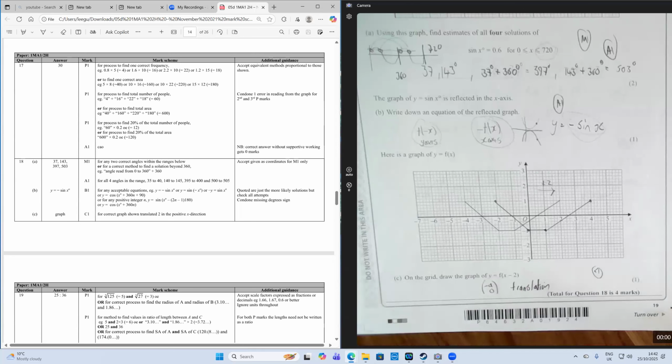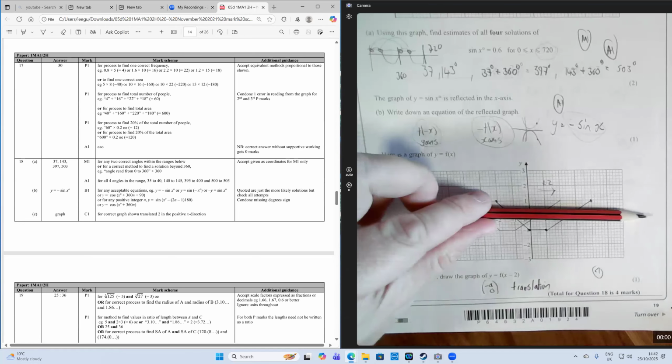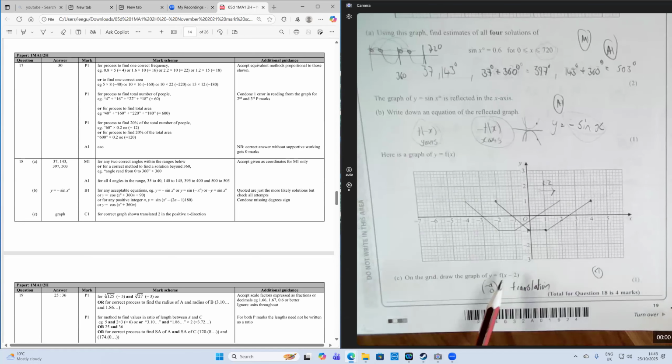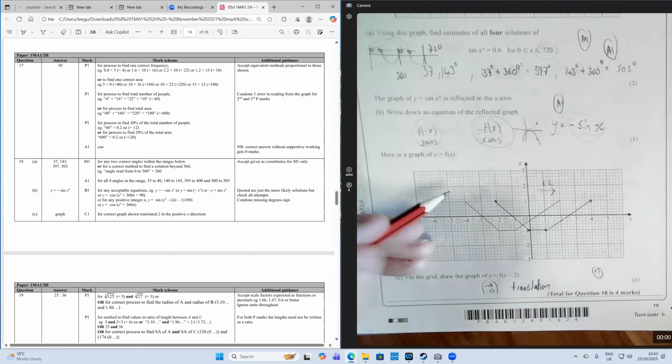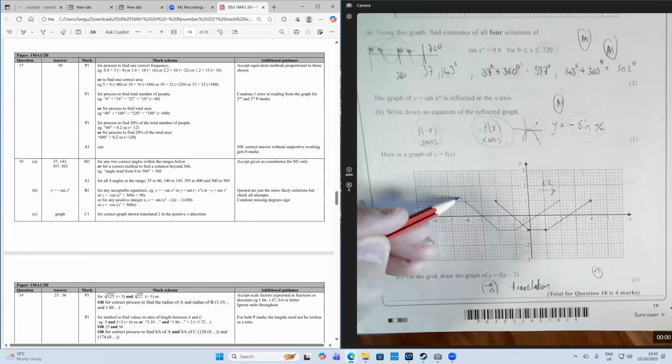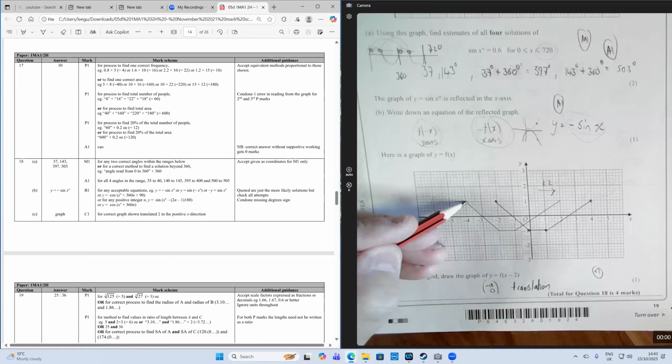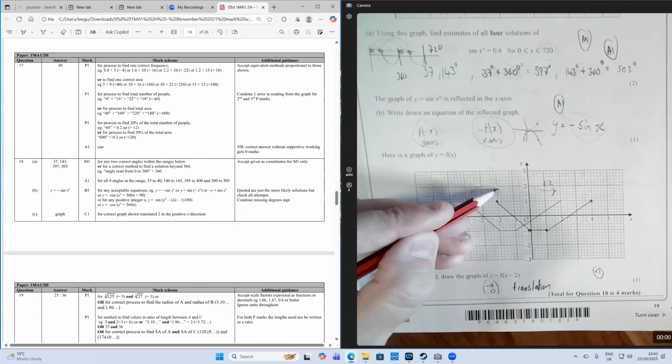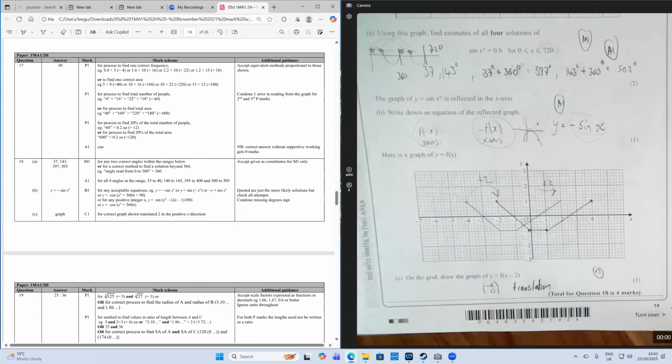Now, what does that mean? That means that the graph is going to go either to the left or the right, but when it's inside the bracket, it goes the opposite direction to what you imagine. So here we are on our original graph, and although we've got minus 2, which you would think means you need to go that way, in fact, it means we need to go to the right by 2, so we need to add 2.